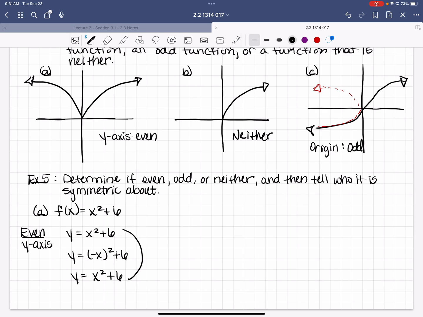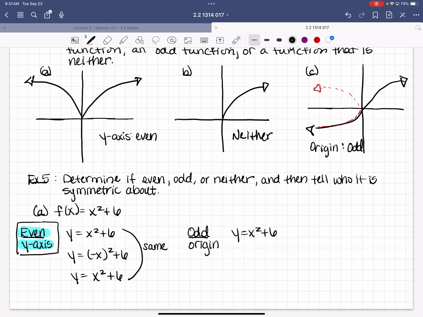And is that the same? Yep, it's the same. So he is even. We do know that. And he is symmetric about the y-axis. Okay, we'll try odd also. Okay, so if I'm trying odd over here, that means origin. So that means I change the sign of who?